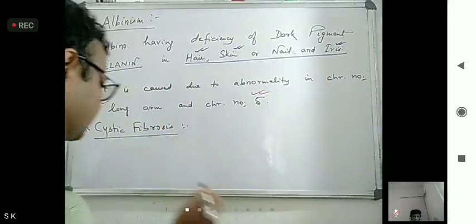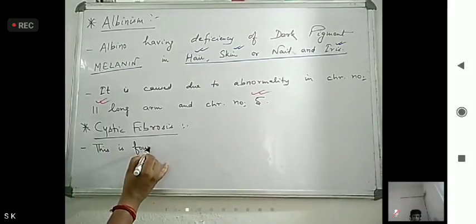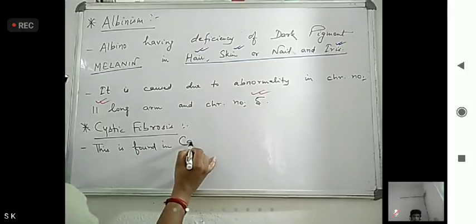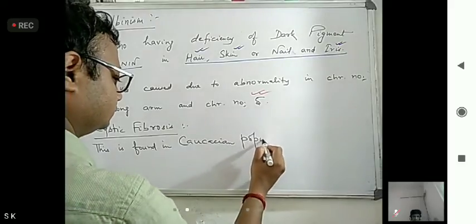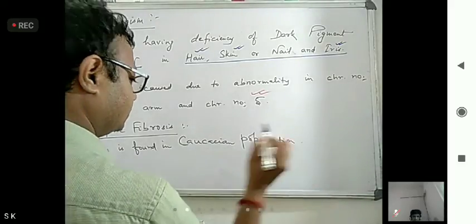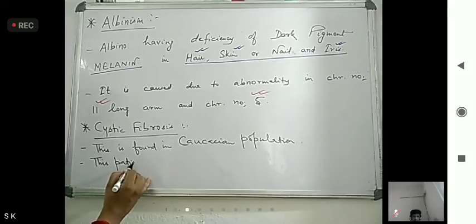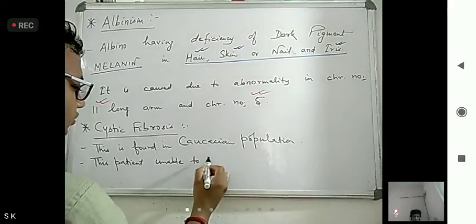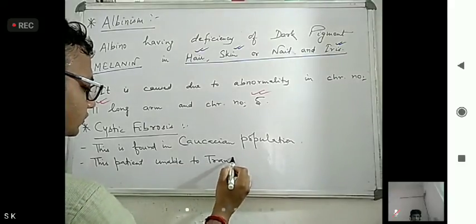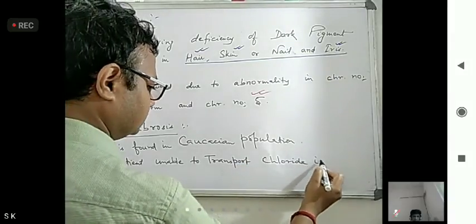So this is found in the Caucasian population. This patient is unable to transport through the chloride ion channel.